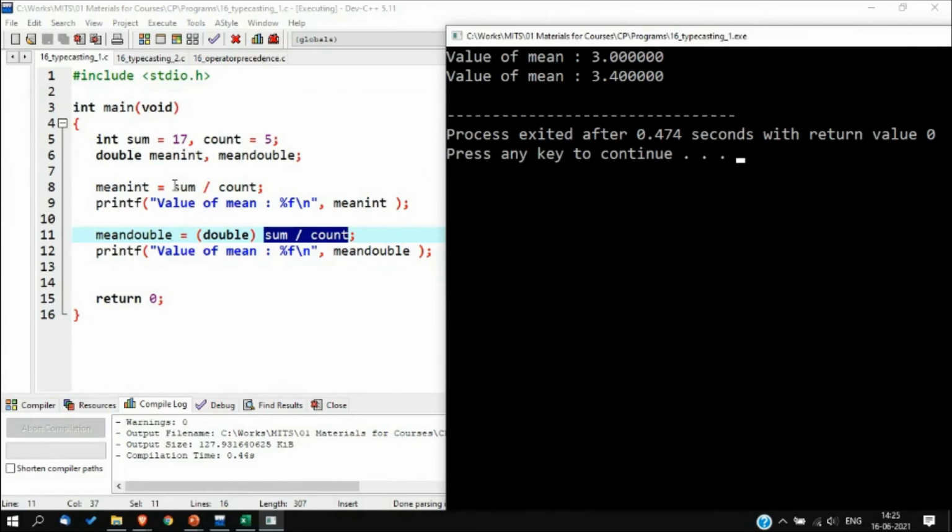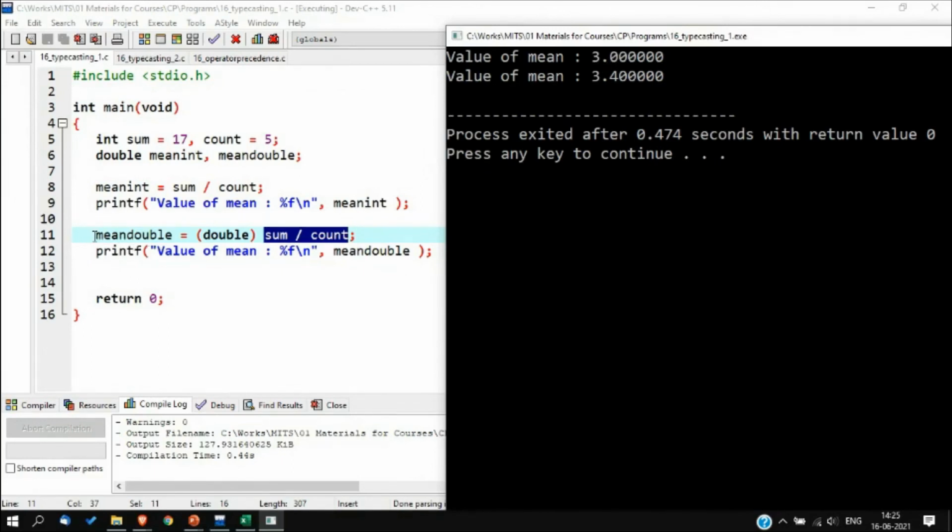But since it is an integer division, the decimal part is truncated off. So it will result in 3. So this sum divided by count in this line will result in 3. And since mean integer is a double, it comes out as 3.0000.